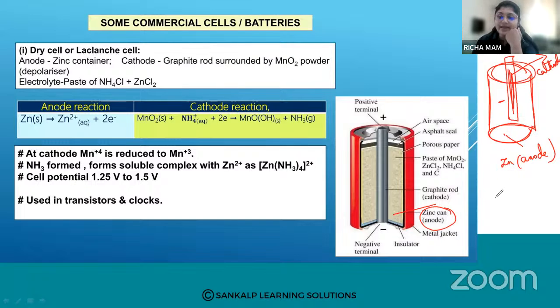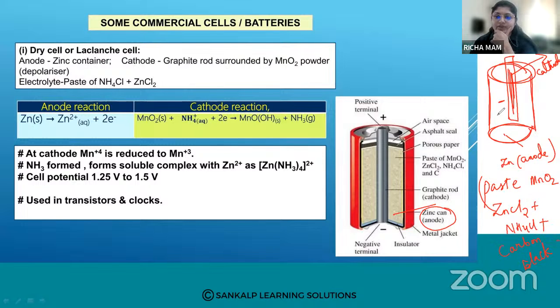It is surrounded by a paste, and this paste is of MnO2 plus ZnCl2 plus ammonium chloride plus carbon black. So this paste is made up of MnO2, ZnCl2, NH4Cl, and carbon black.